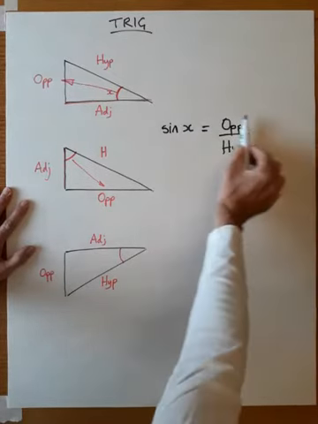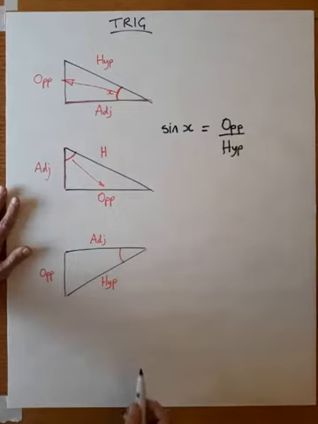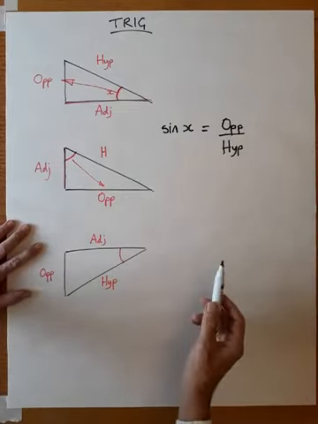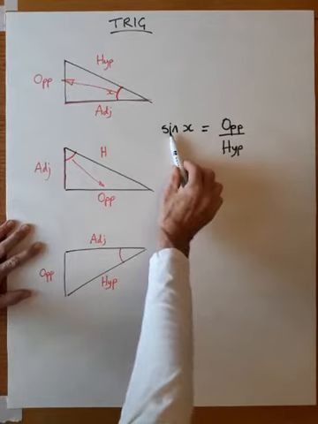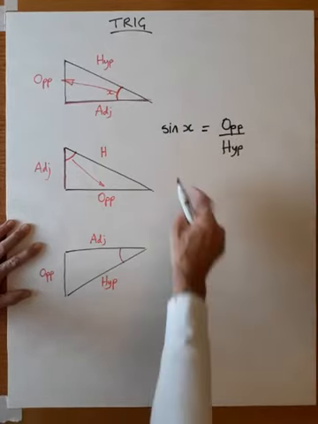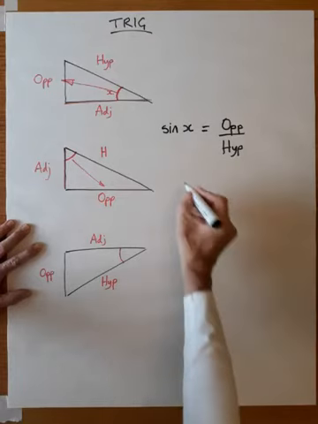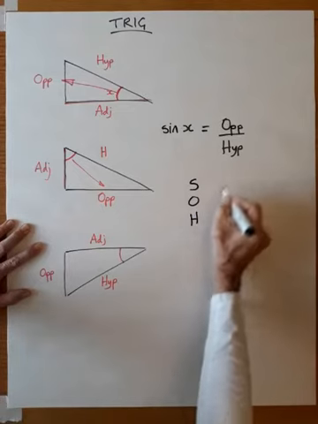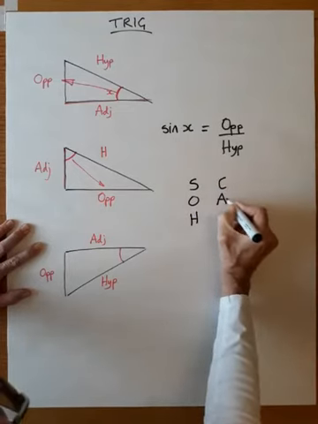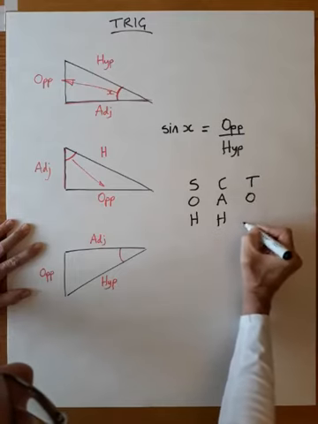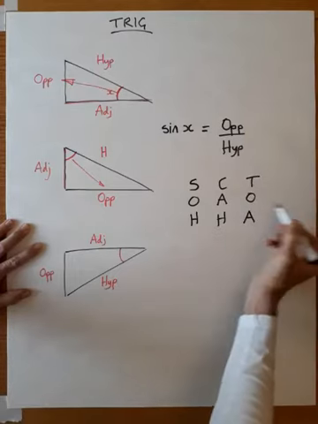And what we tend to do is we can summarize this into a little memory aid. And it puts all three formulae, sine, cosine and tangent, and all of the combinations of the sides that we need in one little memory aid. So you may remember this one, SOHCAHTOA.